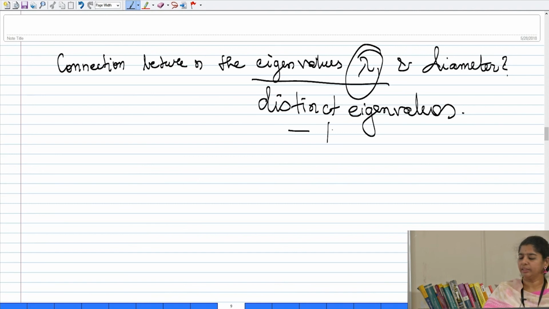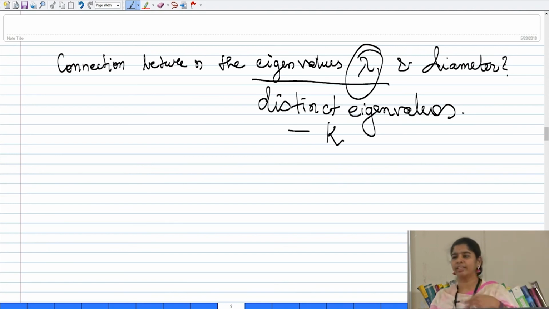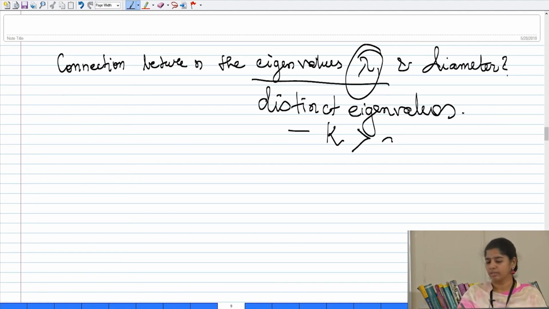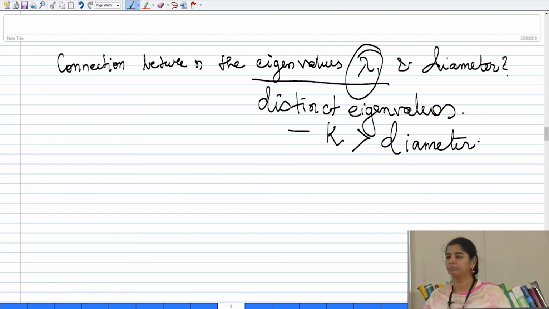If k is the number of distinct eigenvalues, because I have said already rank is going to be m, there are at least m distinct eigenvalues. The same way if we talk about diameter, then the number of distinct eigenvalues is going to be strictly greater than the diameter.